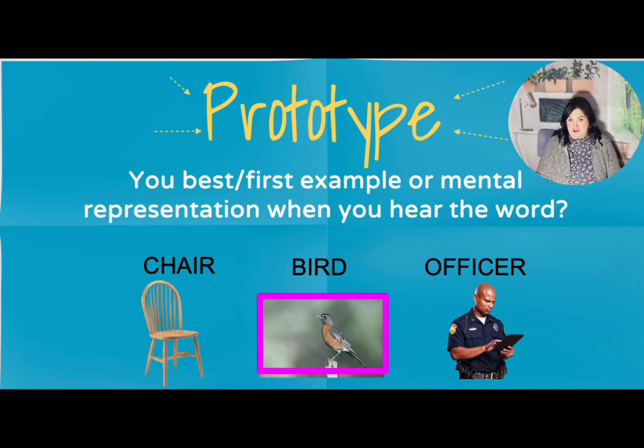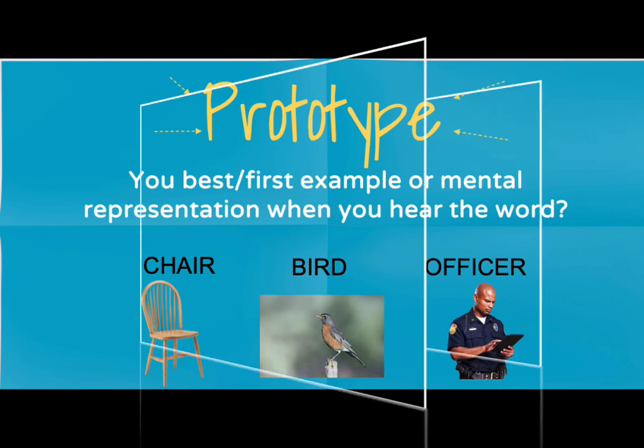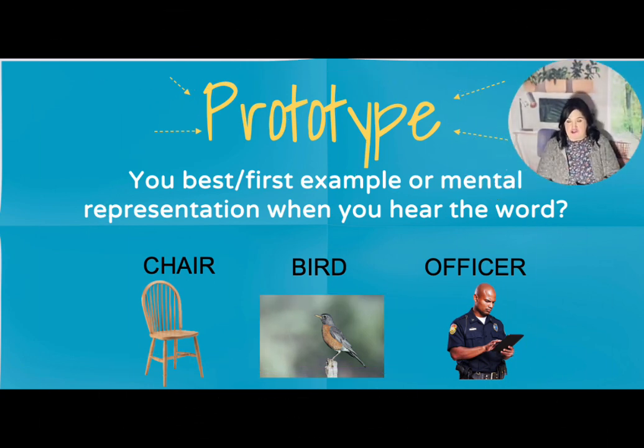When you think of the word bird, the first thing that would normally pop into the average person's mental image would be a robin, or a blackbird or a blue jay, the birds we see flying around all the time. So once again, prototypes are your mental image or best example that you have for a concept.